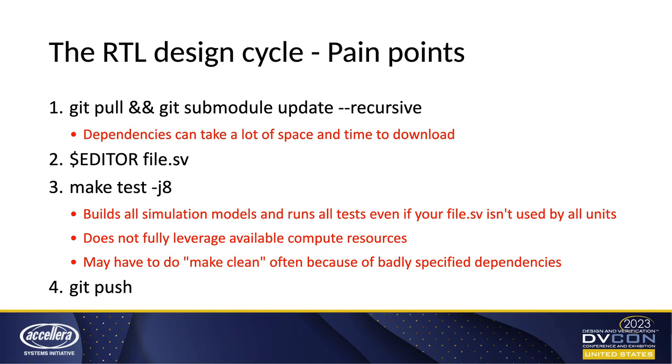So what happens is people become conservative and start having to do make clean often, and then that means you're back to square one. So even every time you're touching a file that only affects one unit, you end up having to do make clean and build and run every unit every time, right?